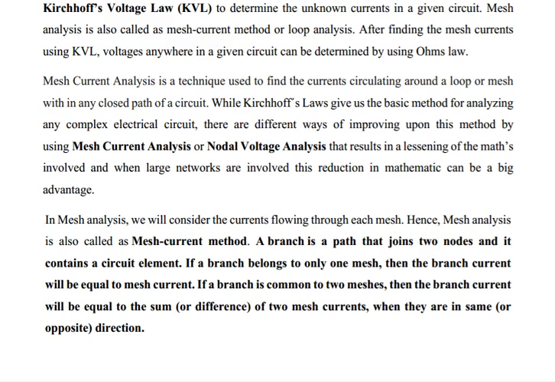If a branch belongs to only one mesh, then the branch current equals the mesh current. If a branch is common to two meshes, then the branch current equals the sum or difference of the two mesh currents, depending on the direction of the mesh currents.